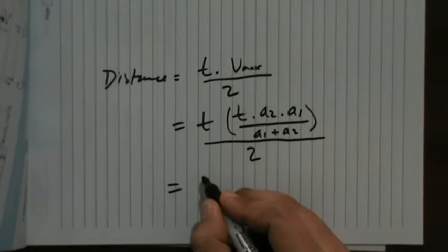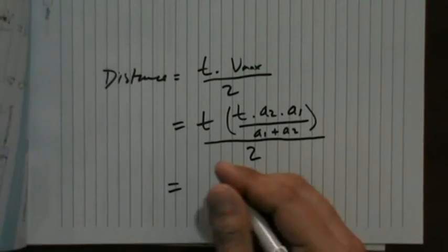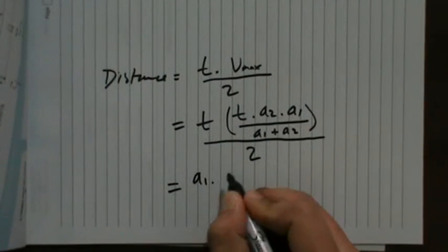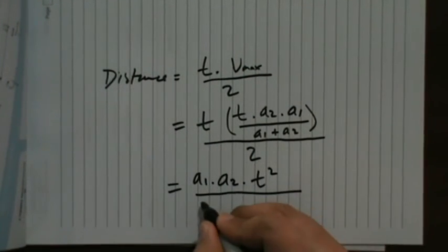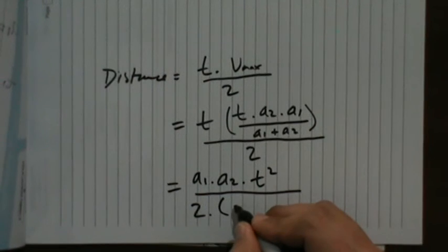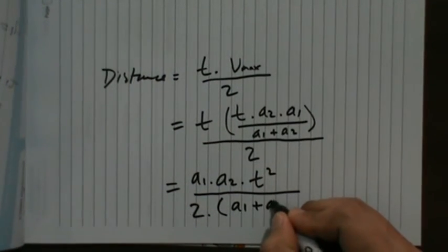So we get that the distance traveled by this car is a1 times a2 times t squared divided by 2 times a1 plus a2.